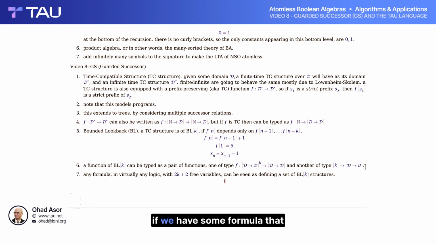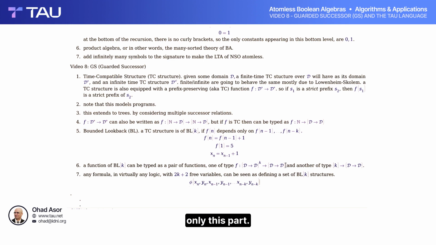So for example, if we have some formula that takes the input at time n, connects it with the output at time n, and also connects it with the input at time n minus 1, and the output at time n minus 1, and so on, until xn minus k and yn minus k. This defines a set of structures, a set of time compatible structures.